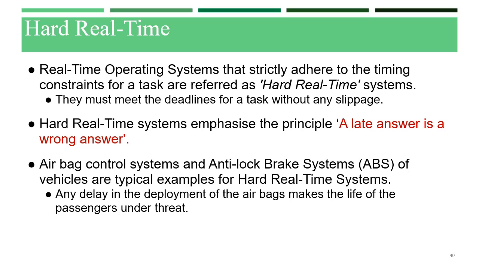Ideally speaking, the time for triggering the airbag deployment task when an accident is sensed by the airbag control system should be zero, and the airbags should be deployed exactly within the time frame which is predefined for the airbag deployment task. Any delay in the deployment of airbags puts the lives of the passengers under threat.